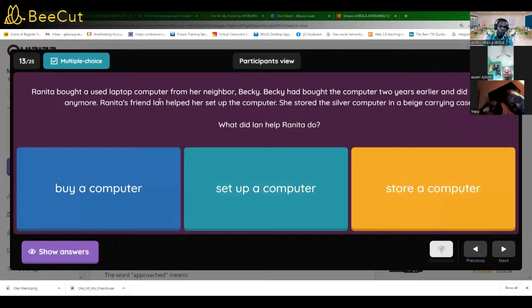Vanita bought a used laptop computer from a neighbor. Becky, listen again, please. I'm hearing some noise in the background. Vanita bought a used laptop from her neighbor Becky. Becky had bought the computer 2 years earlier and did not need it anymore. Vanita's friend Ian helped her set up the computer. She stored the silver computer in a beach carrying case.